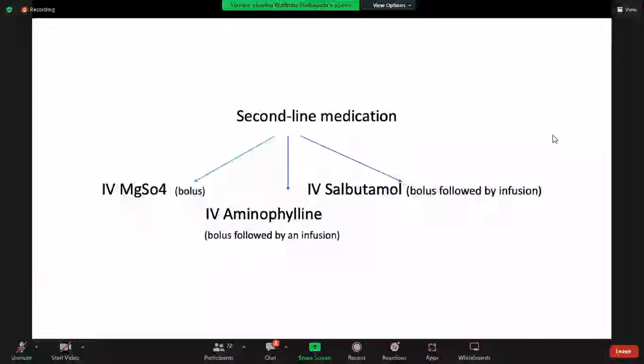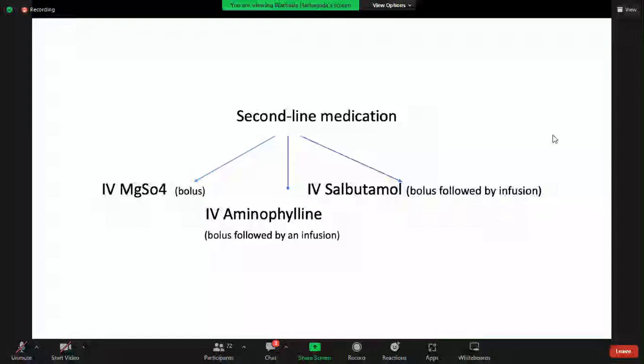What is the reason for that? Because if so, we are not going to give the bolus. Otherwise, it has a narrow therapeutic index, and we would push the child into the toxic level. Yeah, that's true. So always make sure that this child was not on theophylline, for the reason he has mentioned.